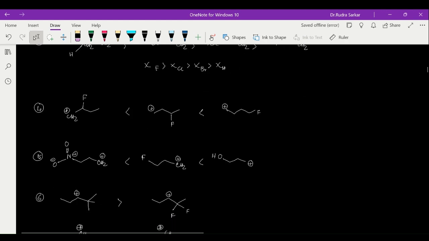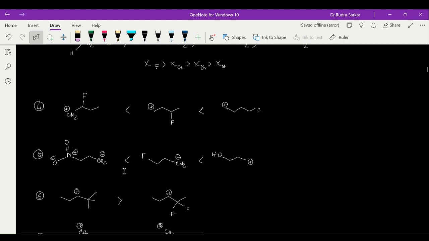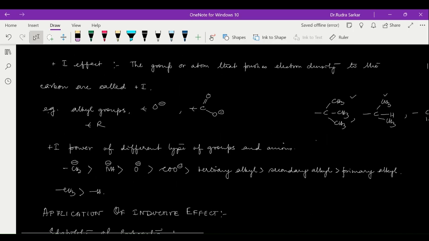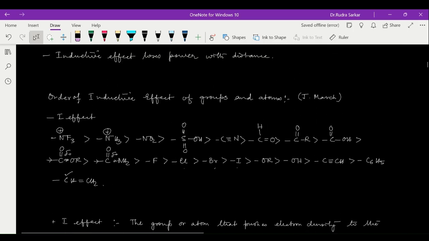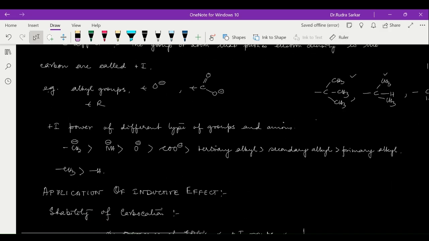Now one more problem in which we have to use the inductive effect order. Obviously the one having the NO2 group, if you check the series of minus I effect groups, we have NO2 followed by F, and over here we have OH. The order is NO2, F, and OH for minus I effect.